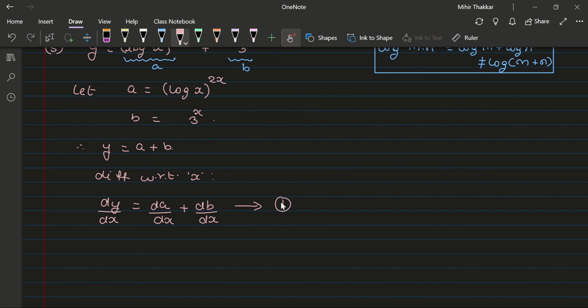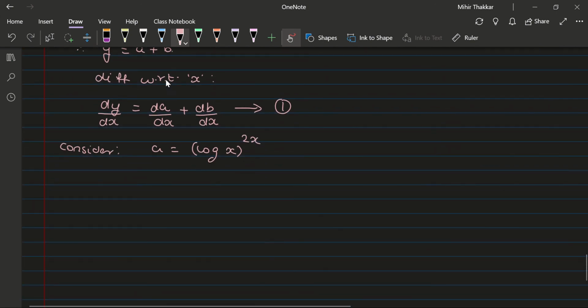Now we will separately calculate the values of the derivatives of A and B, dA by dx and dB by dx, and then they will be substituted in their respective places in equation 1. So let us start by considering A, which is equal to (log x) to the power 2x. Here you observe that it is a function to the power variable x.